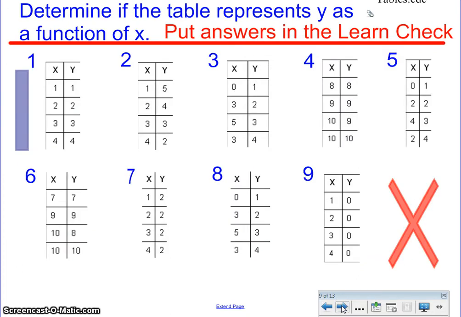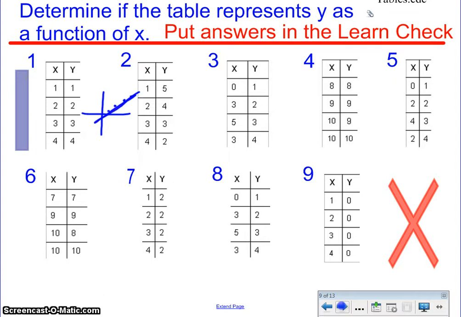All right, another way that we can determine whether or not given values are a function or not is by looking at their tables. So looking at their tables, if we try to graph it. If I look at number 1 and I have a graph, it says 1, 1, 2, 2, 3, 3.